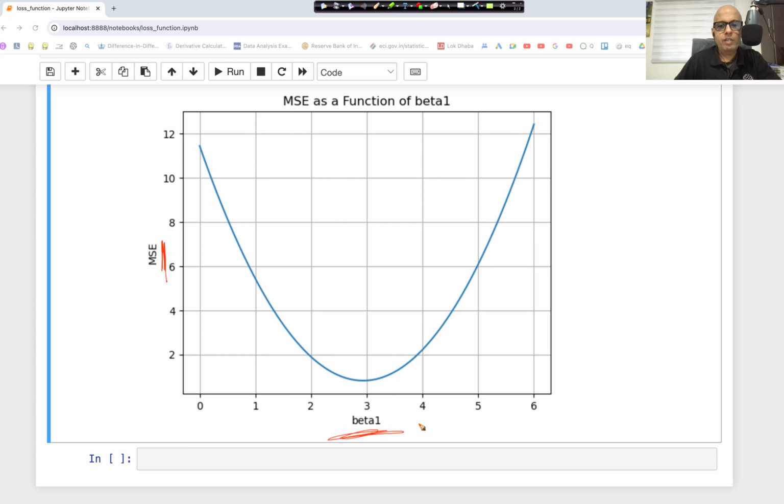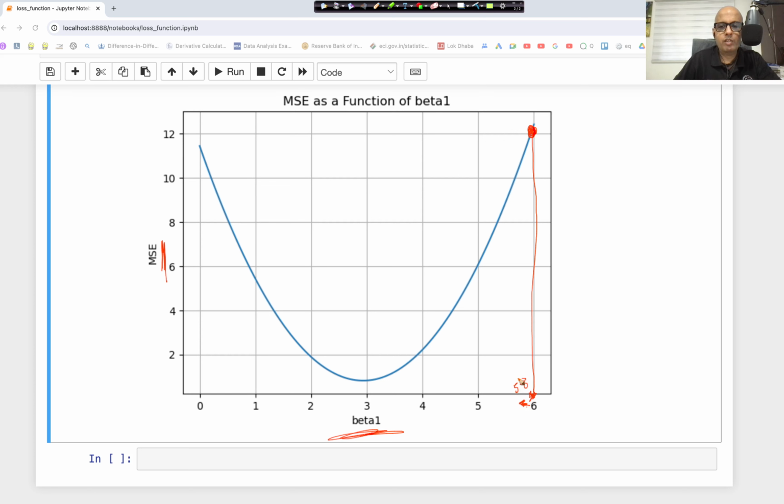Now, when we are in the code, when we start out with our beta, we could start out with a beta of, let's say, 6. If the value of beta is 6, then our MSE or loss is somewhere here, right? And gradient descent allows us to gradually make a little change to this beta value. So maybe in the next iteration, the beta could be slightly less than 6. Maybe it is 5.8.